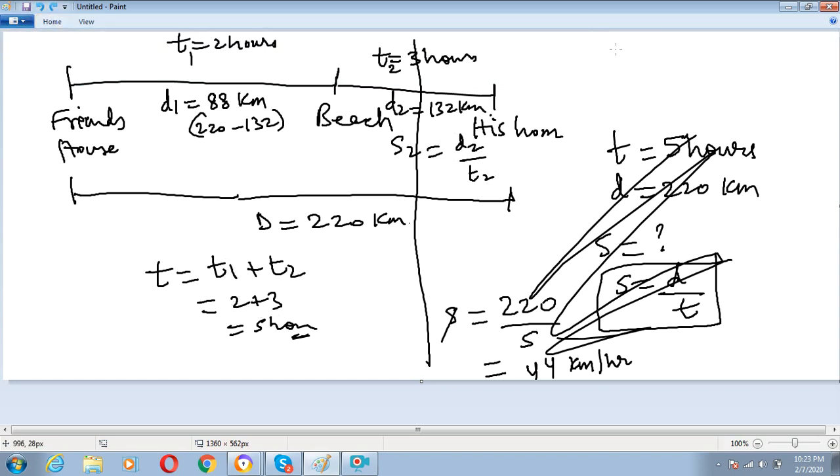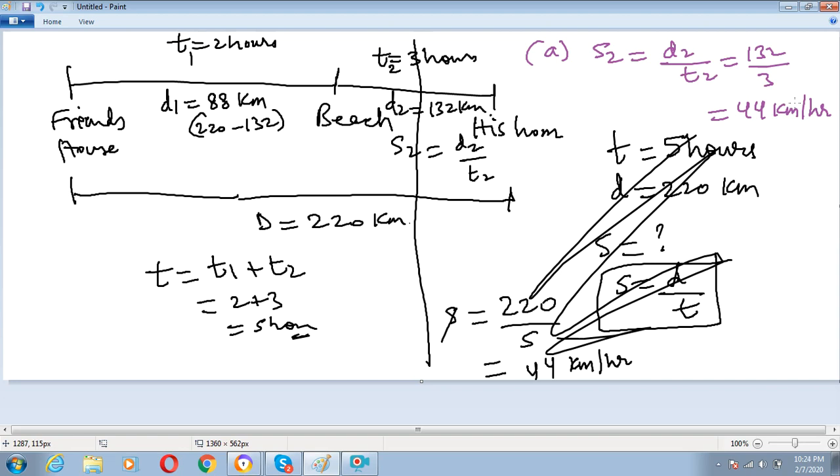I'll use a different color. First I have to find S2, the speed in the second part of the journey. So it will be D2 by T2, 132 by 3. 3 4s are 12, 3 4s are 12. Understood?